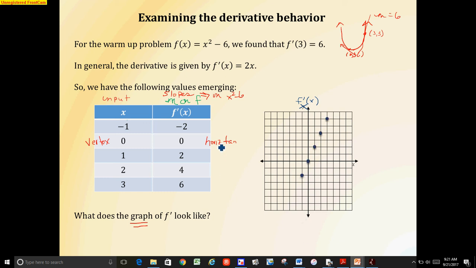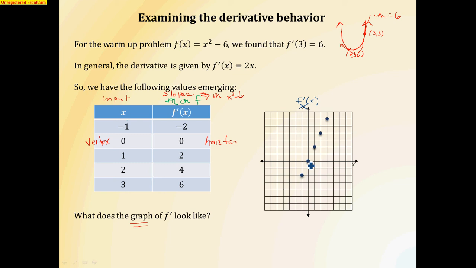When x is 0, f prime is 0, and so on and so forth. But read this differently. When x is negative 1, the slope on x squared minus x is negative 2. When x is 0, the slope on the parabola is 0. When x is 1, the slope on that parabola is 2.